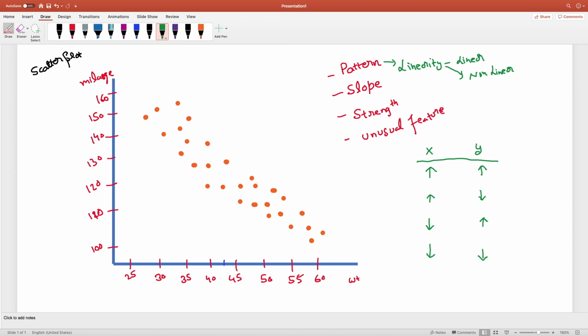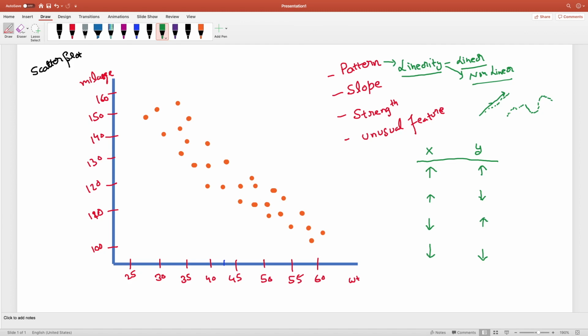So this part is completed, like we understood what is linear and non-linear relationship. If I have a pattern which is going like this, I can say it's a linear relationship, and I can represent this whole phenomenon with a line. If I have a pattern which is going something like this or something like this, I cannot represent this phenomenon with a line, then I can say that it's a non-linear relationship.